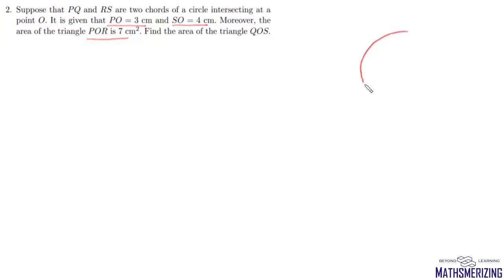Suppose this is our circle, and we have chords PQ and RS, and their point of intersection is O. It is given that PO is 3 and SO is 4, and the area of triangle POR is 7 cm².